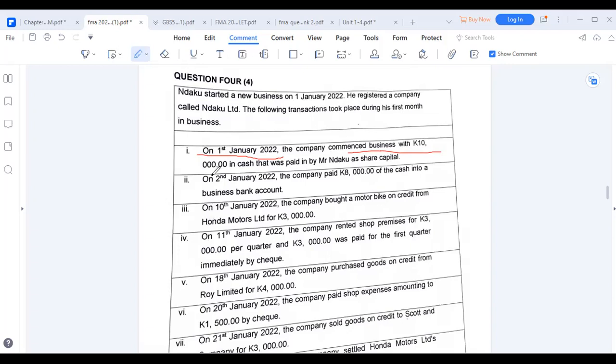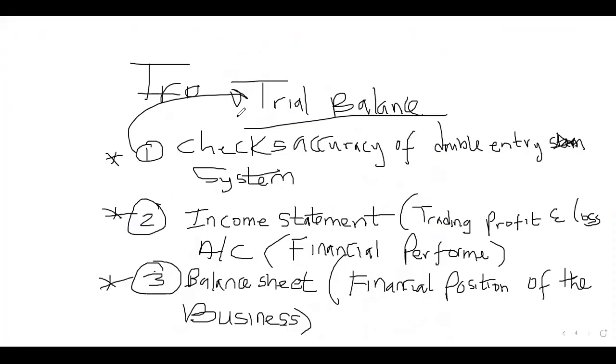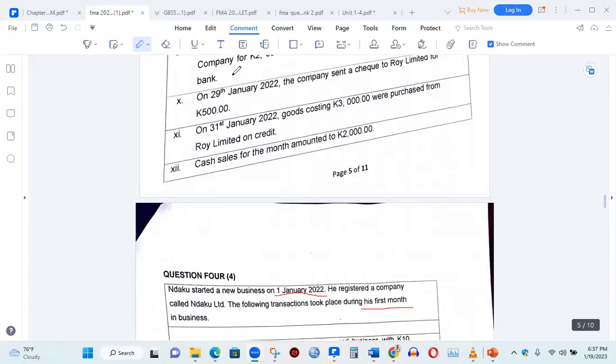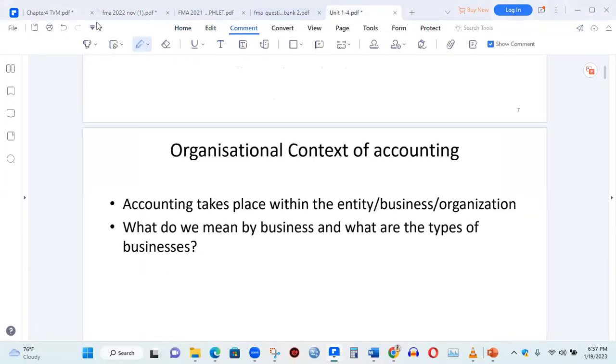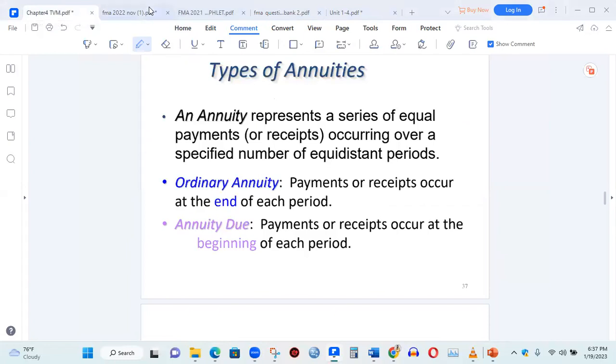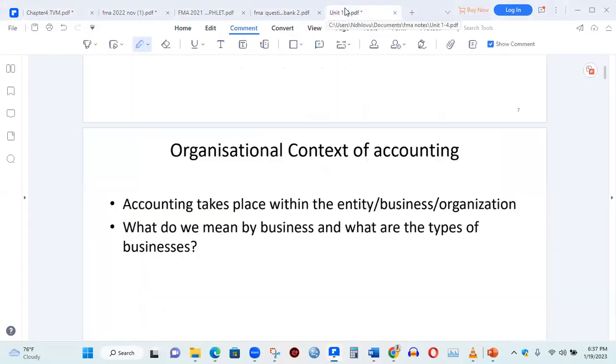So from here, what is the double entry system? You debit the receiver and credit the giver. Meaning that on this aspect, we are going to say our capital account was, so we can check the capital account as we look at the solution, the capital account, and then we look at the other one.